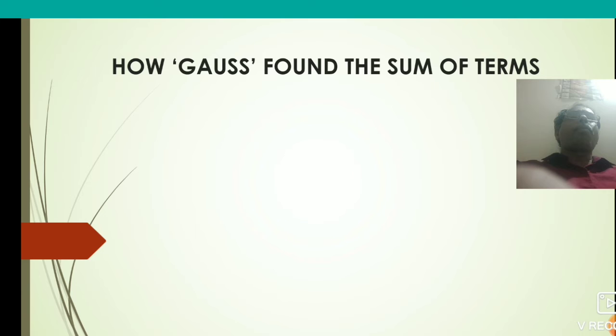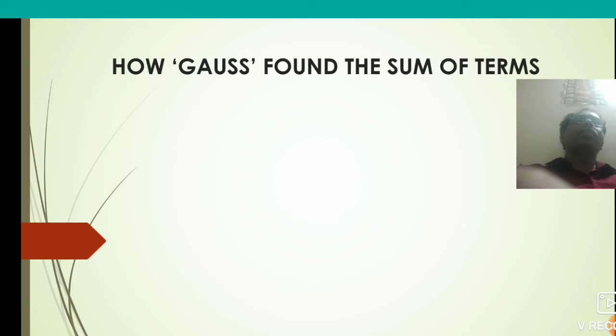When Gauss was 10 years old, his teacher was taking a math class. In that class, the math teacher asked the children, find the sum of first 100 natural numbers.